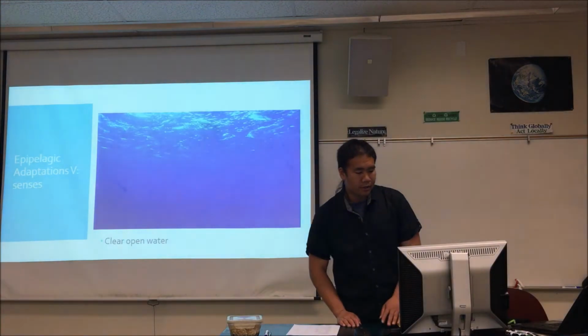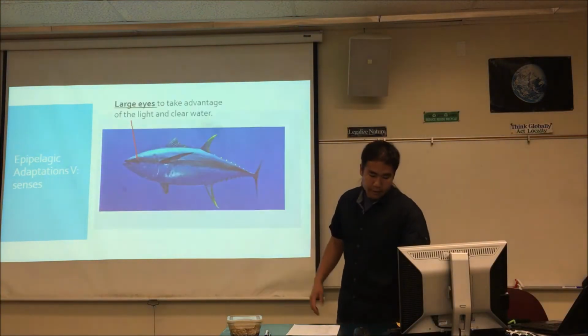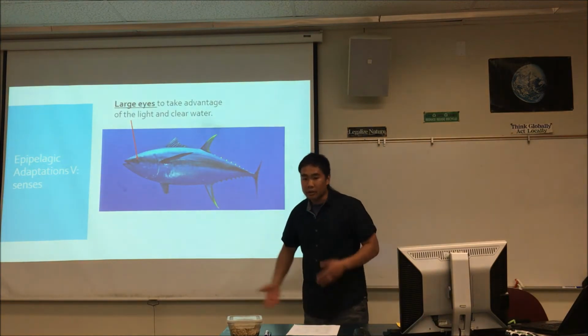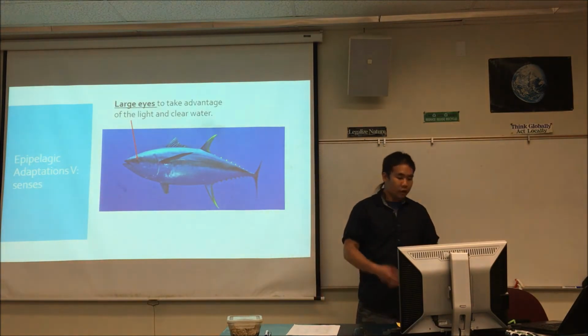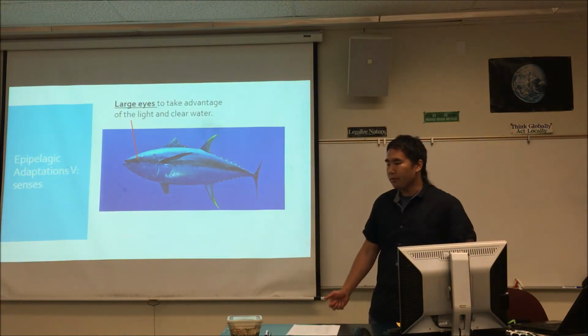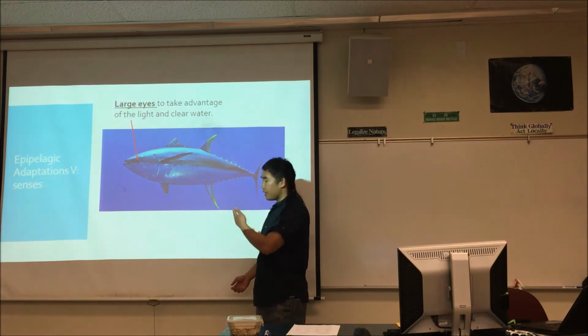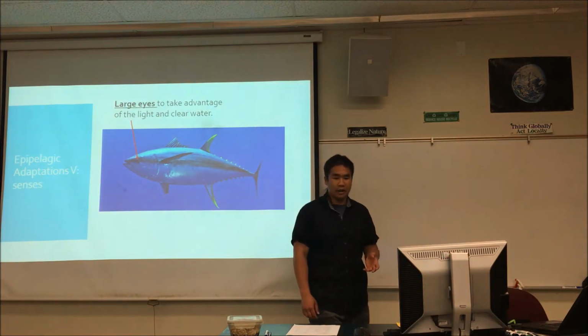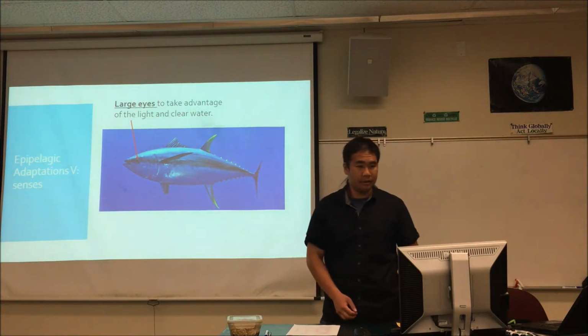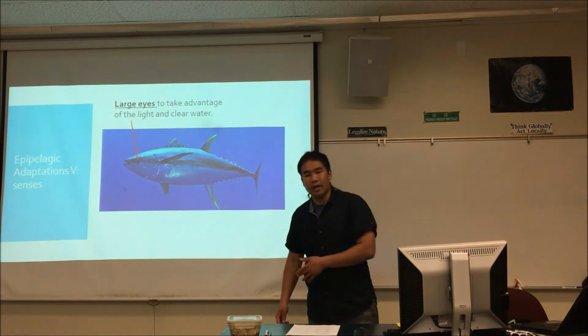So most of the fish that live in an environment like this end up having very big and well-developed eyes, taking advantage of the abundant light. Eyesight is a very good sense for these guys. Thresher sharks also have very big eyes, just to take advantage of the very good visibility in the Epipelagic.